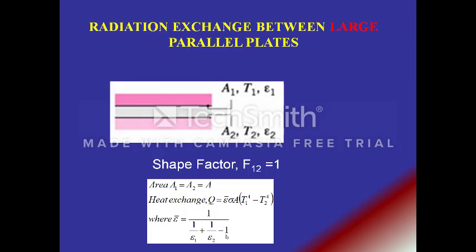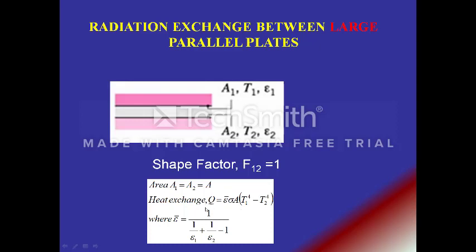Our common sense tells us that whatever energy comes from surface 1 will fall on surface 2 naturally. So we can say shape factor F1 to 2 is 1. That means we can neglect the shape factor. And both plates have the same area because they are very large, so area A1 is equal to A2, simply A.